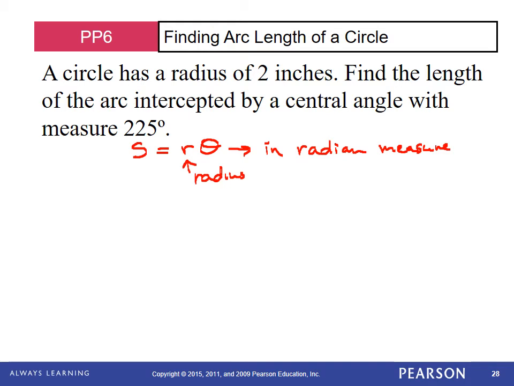So 225 degrees, I have to figure out what we can do about that. I'm thinking you know how to do this, so I'll let you guys try this. 225 degrees multiplied by pi over 180. I'll give you guys a quick moment to finish that off.